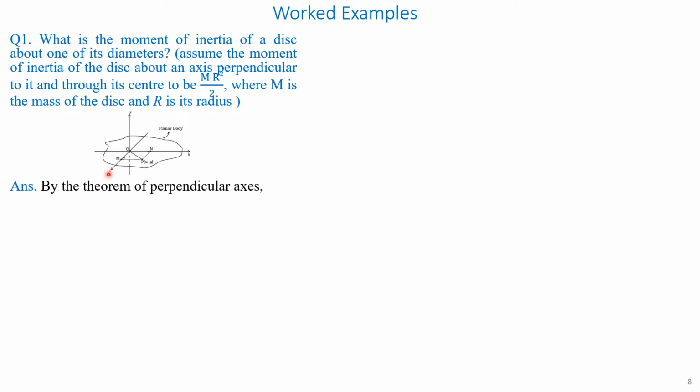So in the plane of the body are the x-axis and y-axis, shown as Ox and Oy. The z-axis is perpendicular to the plane of the body, and all the three axes meet at the point O.